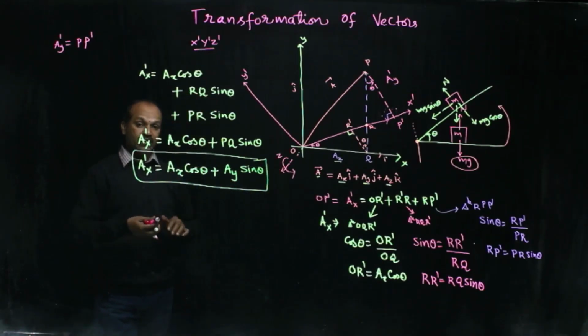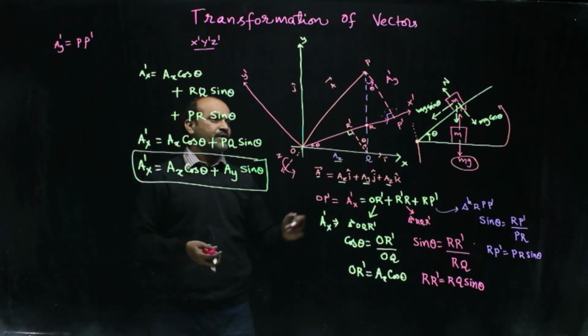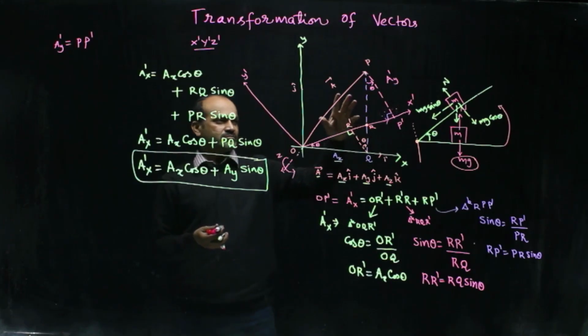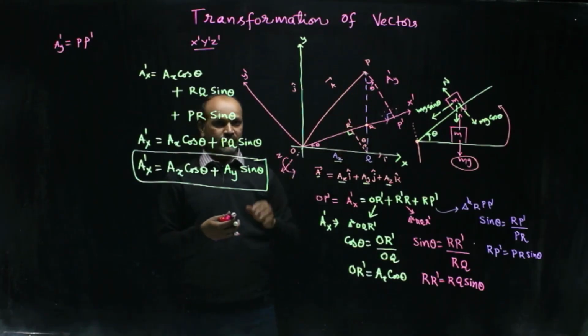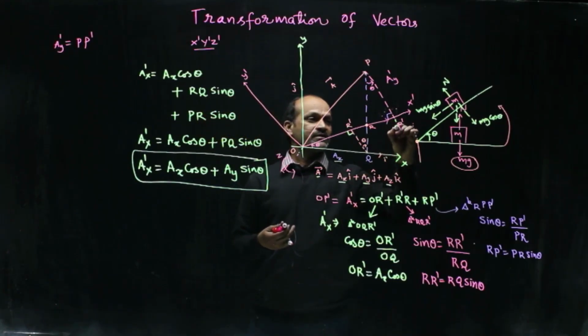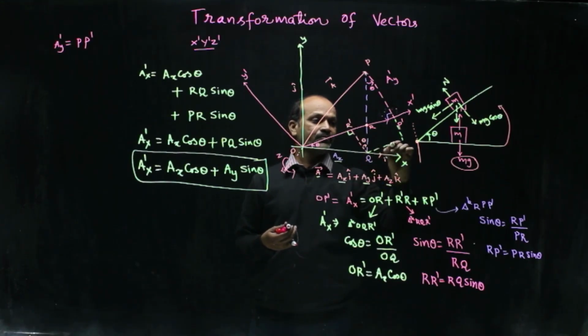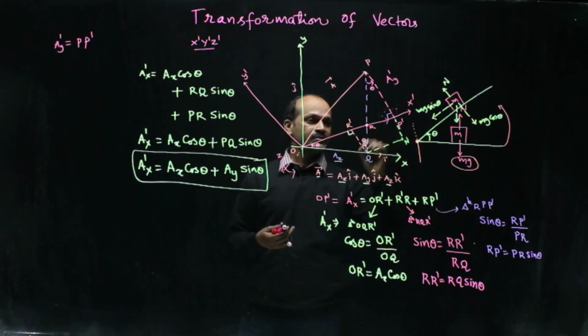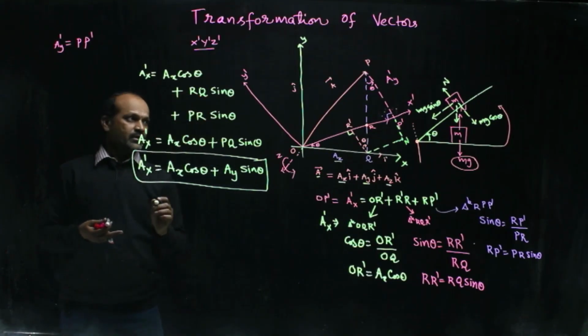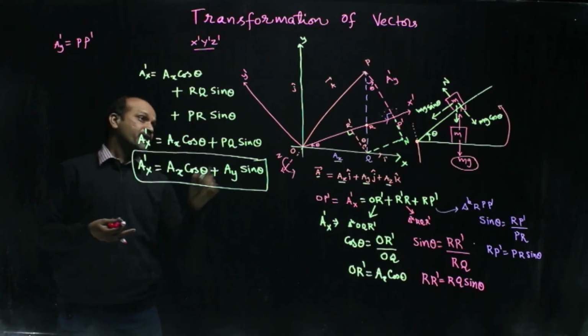Right? Now we will see how to calculate Ay dash. Here Ay dash cannot be calculated directly based on the available data. We will do some small mathematical work. Let us extend this and drop a normal from here, name it n. So what is Ay dash? Ay dash is PP dash.